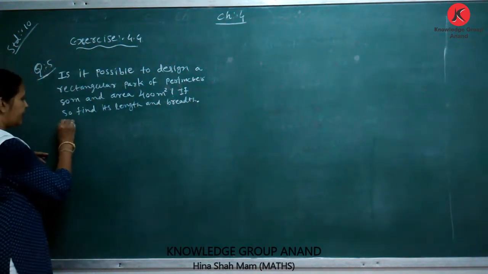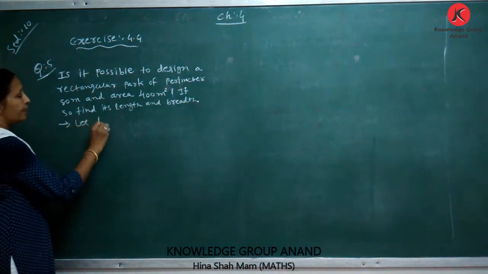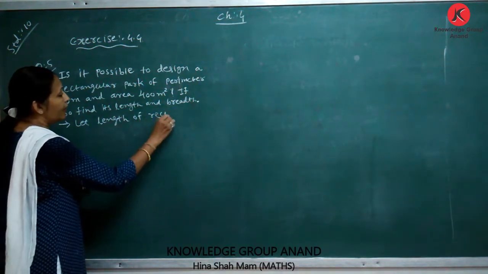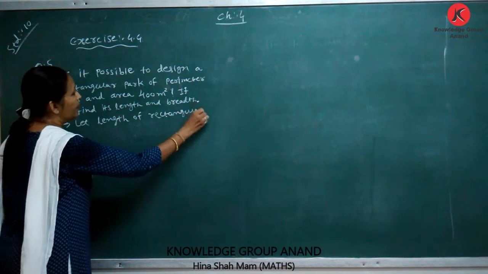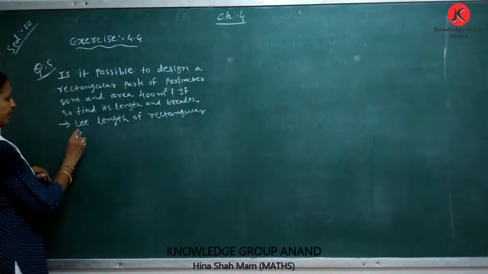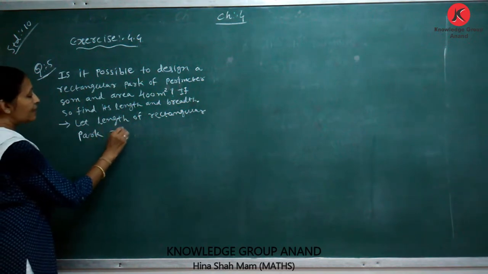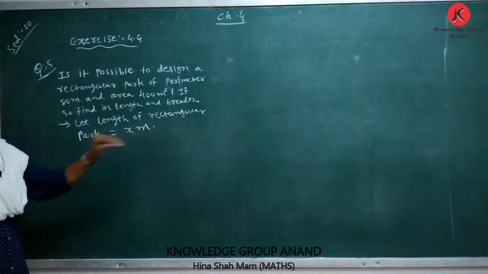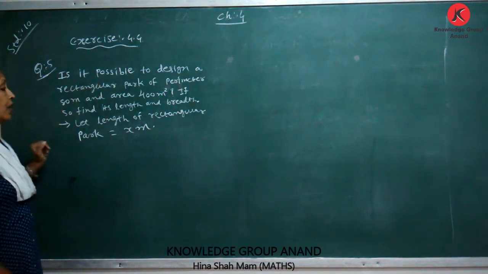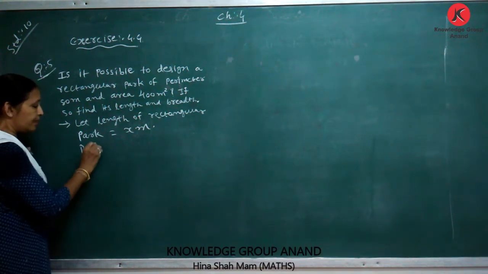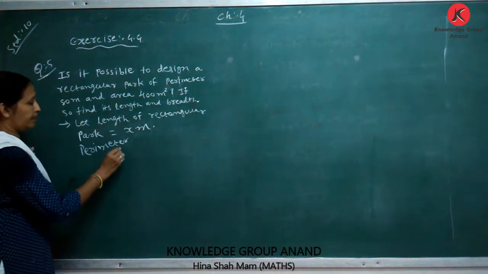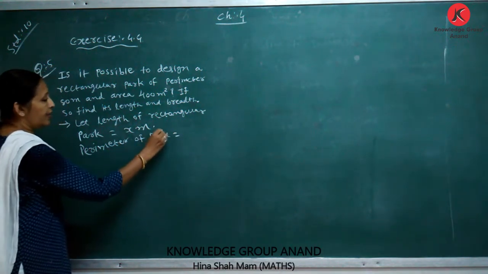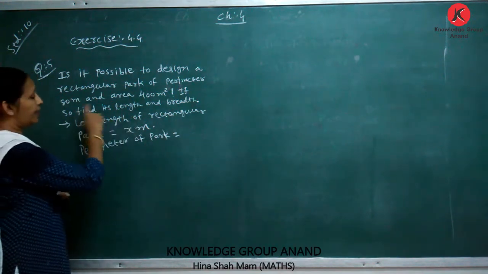Here, length of rectangular path is equal to x meter. Perimeter of path is equal to 80 meter.